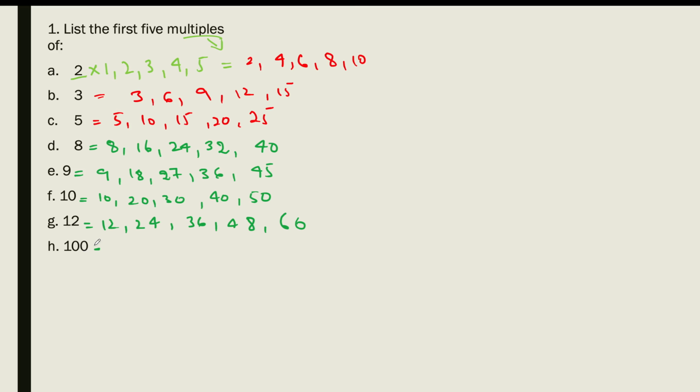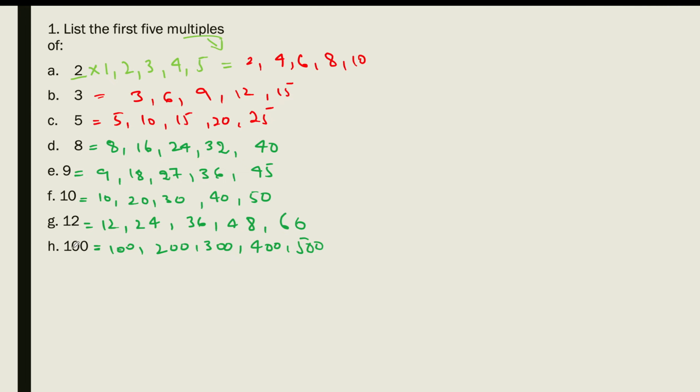The first 5 multiples of 100 are 100, 200, 300, 400, and 500. 100 into 1 is equal to 100, 100 into 2 is equal to 200, 100 into 3 is equal to 300, 100 into 4 is equal to 400, and 100 into 5 is equal to 500.